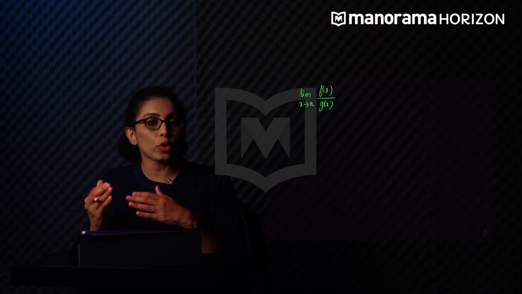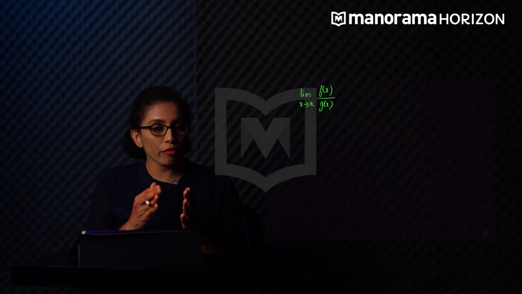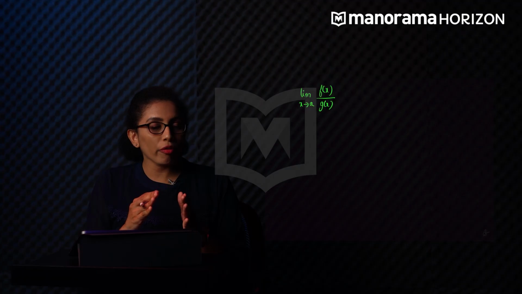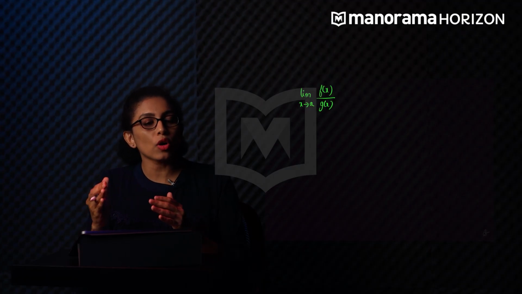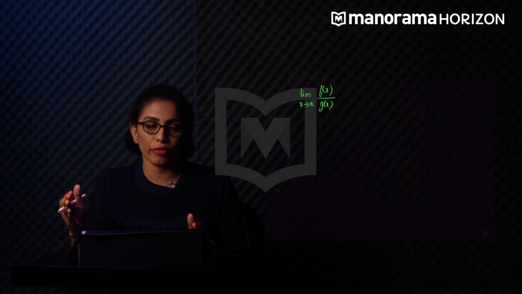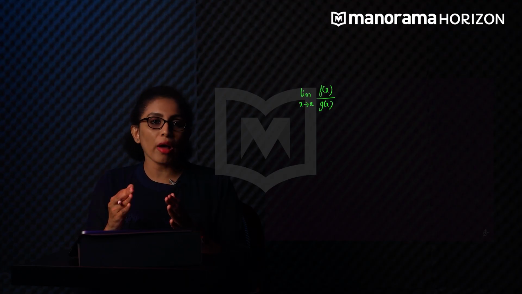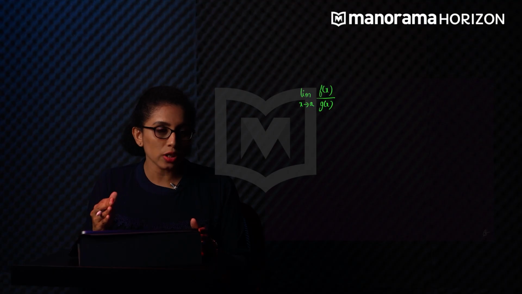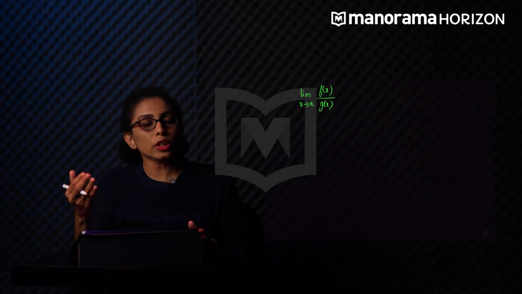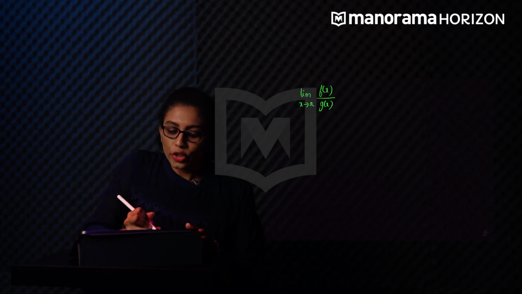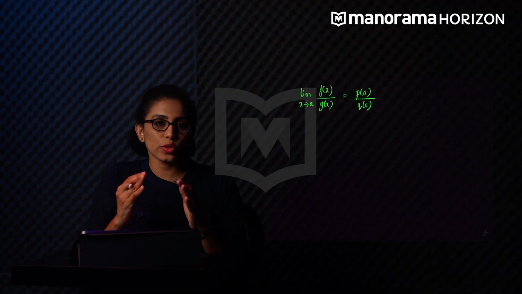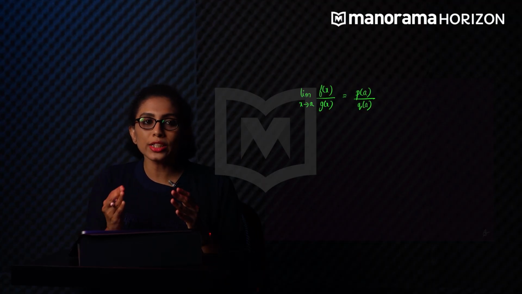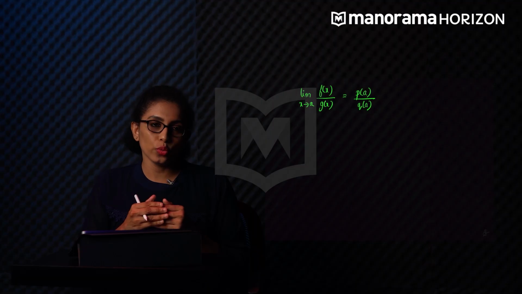At that time what we have to do is split f of x in terms of f1 of x and f2 of x. Similarly, split g of x in terms of g1 of x and g2 of x. Now see any common factor in the numerator and denominator, and if there is any common term you can cancel it and you will get this value as p of a by q of a. Substituting the limit, you reach some finite value.